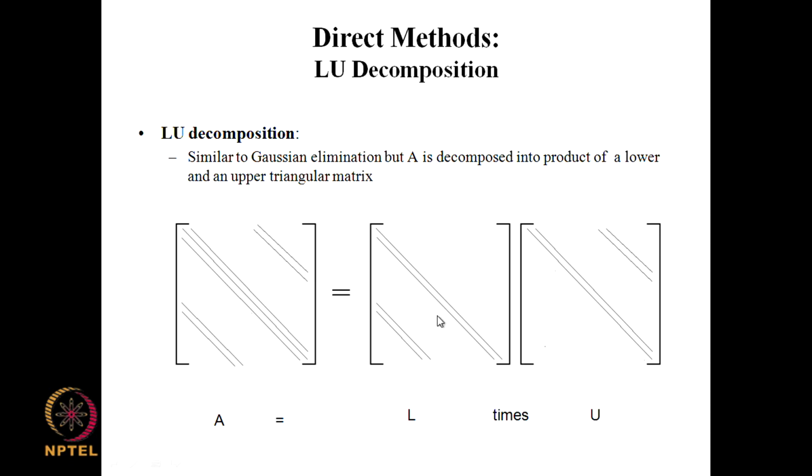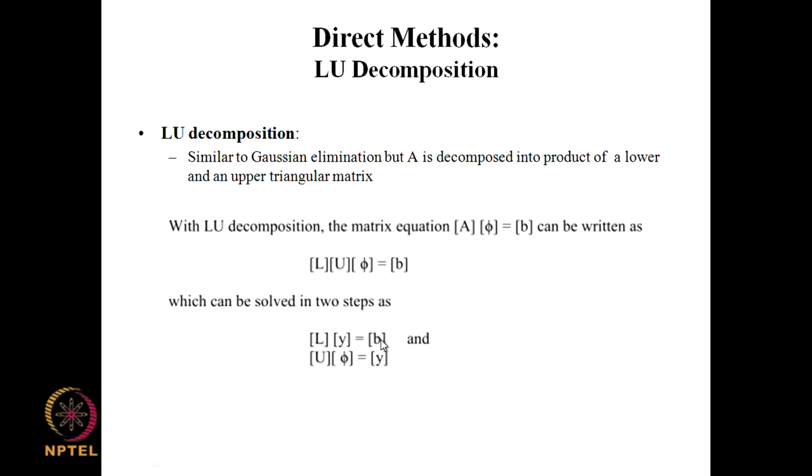Okay. So, the solution of Ly equal to B is by forward substitution, it is not by forward elimination, and similarly the solution of U phi equal to y is by backward substitution, and that again is not by an elimination process, it is by a back substitution process.